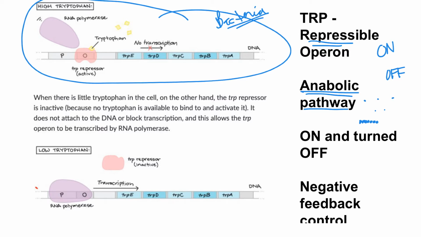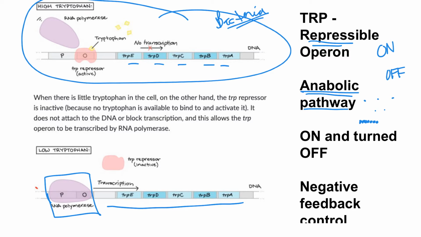In the Trp system, we have these enzymes to make tryptophan, and normally that is going to be on in the bacteria. So we have just a little bit of tryptophan, the cell needs to make more, and the RNA polymerase is going to fit on there just nicely, and it's going to transcribe these enzymes that are needed to make tryptophan.